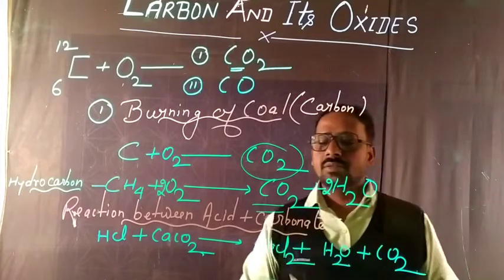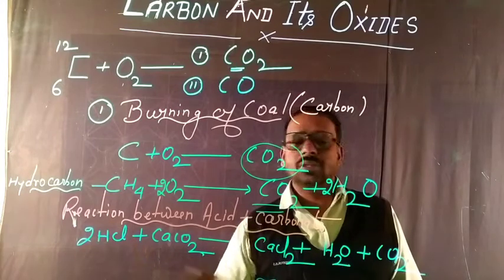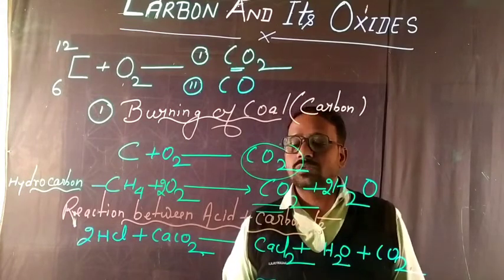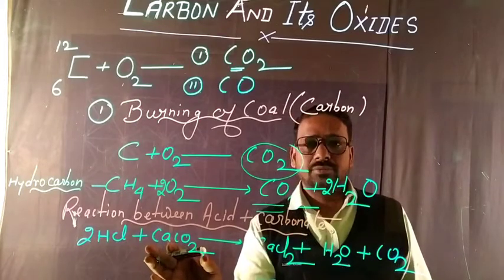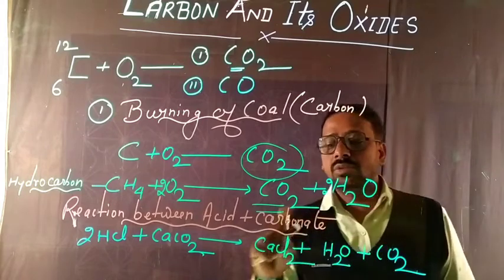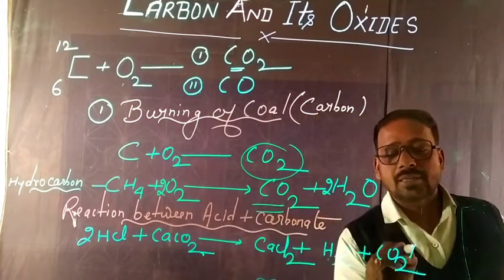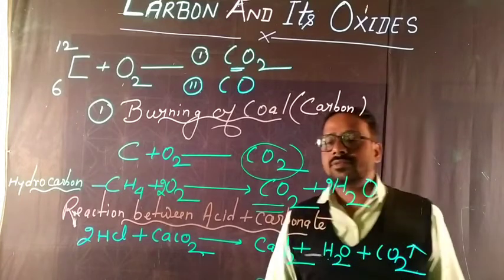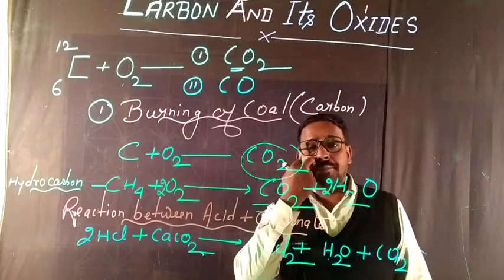Just balance: 2 chlorines there, here only 1. Put 2 here, and we will get the balanced equation. When acid reacts with carbonate, we get a water molecule, calcium chloride and carbon dioxide. This is the evolution of gas. So in this way, we can also prepare carbon dioxide.